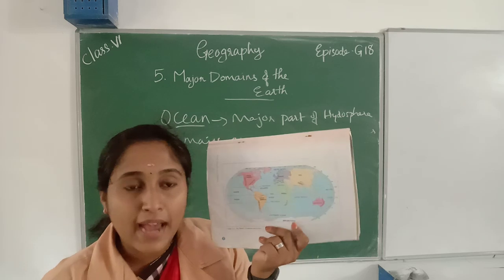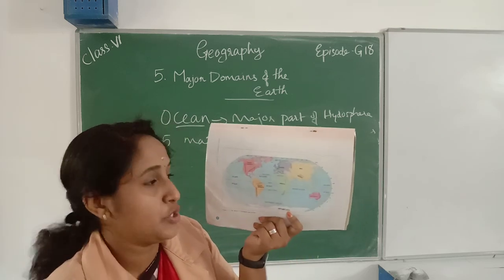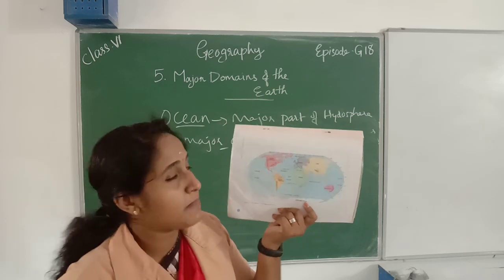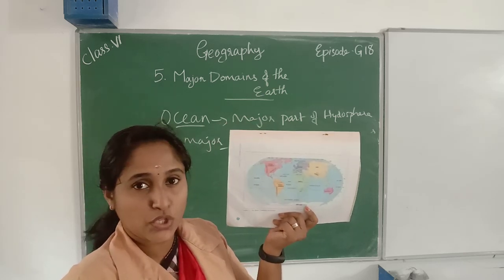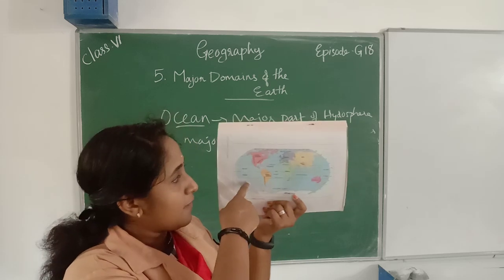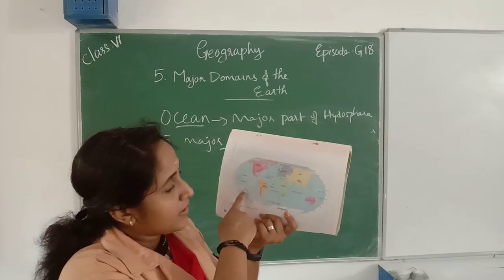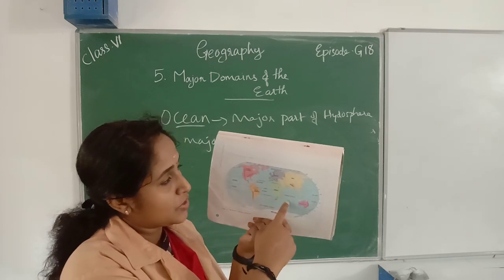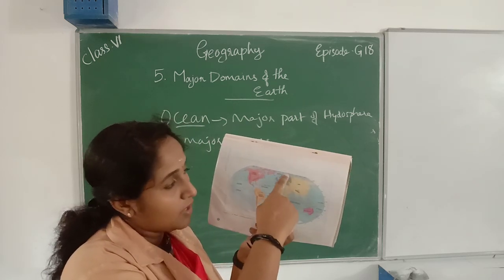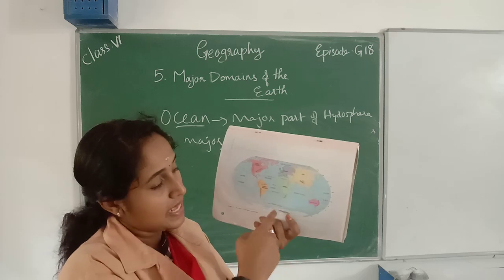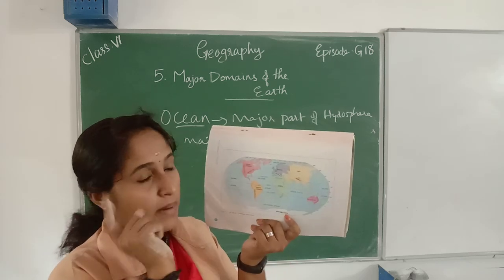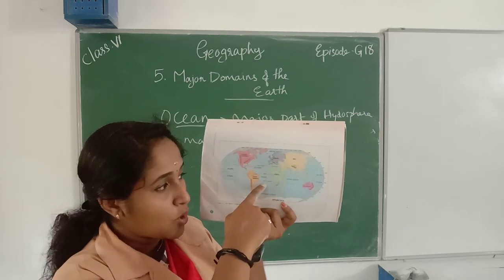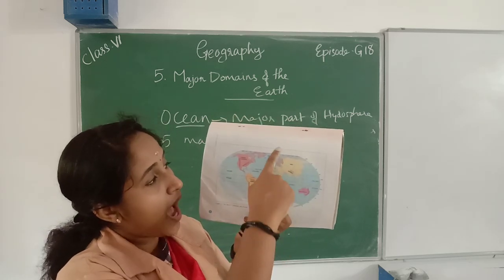We can easily identify these five oceans. First, the Pacific Ocean. Where is the Pacific Ocean? Yes, this is the Pacific Ocean, and Atlantic Ocean, and Indian Ocean, and of course Arctic Ocean, and the last one is Southern Ocean. One more time: Pacific Ocean, Atlantic Ocean, Indian Ocean, Arctic Ocean.